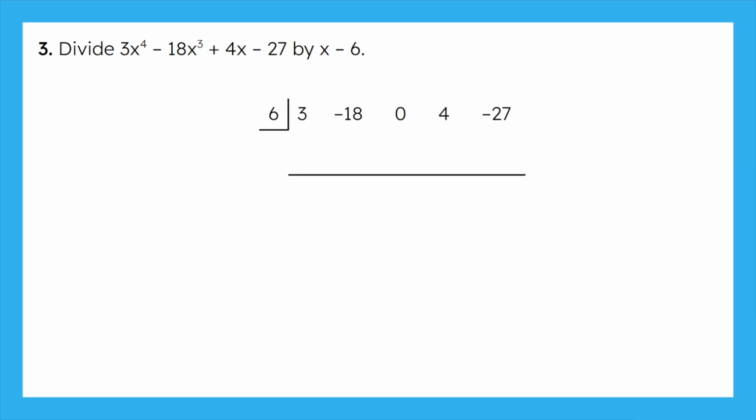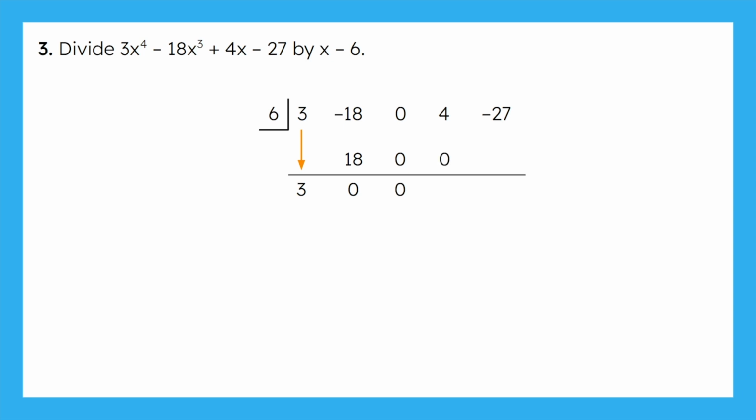Let's see how you did. First, check your setup. I started by bringing down the 3 and multiplying it by 6. That makes 18. And adding that leaves me with 0. Multiply 0 by 6, that's 0. Add down, and I still have 0. Multiply that by 6 to get another 0.